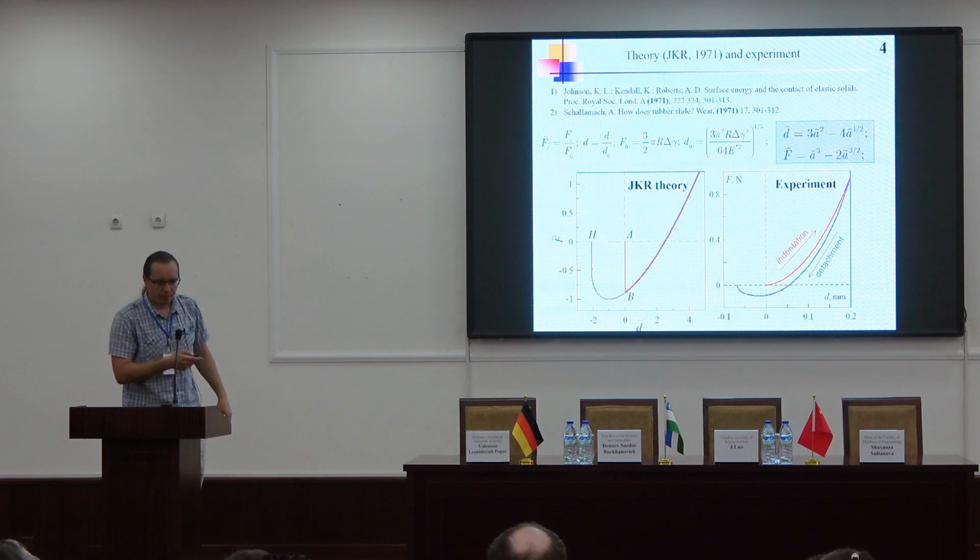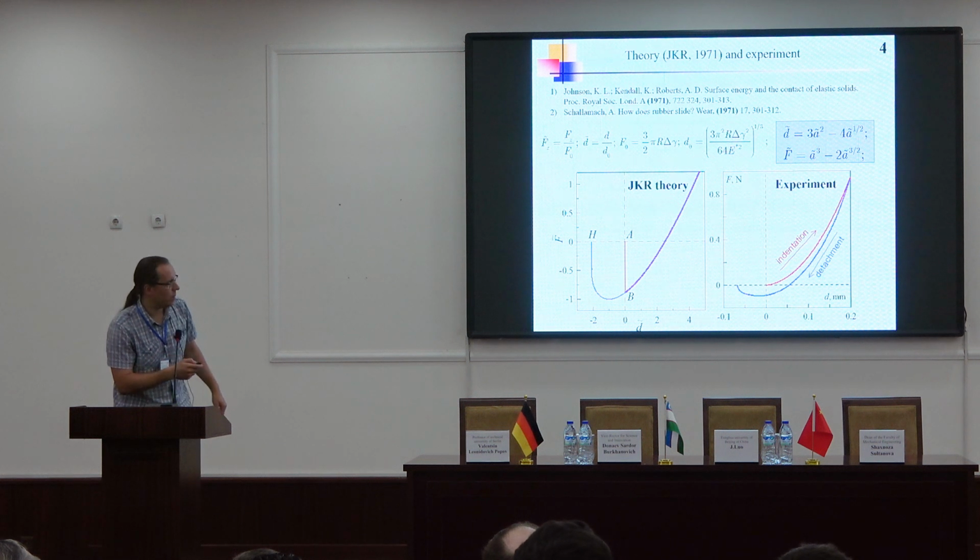But in a real experiment, if we change the direction of motion, we also have secondary adhesive hysteresis, and due to this hysteresis, we have additional dissipation of mechanical energy.